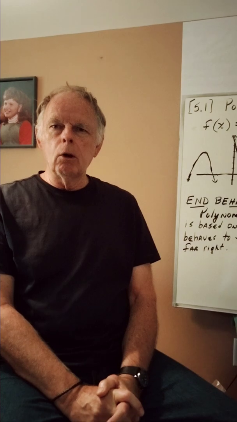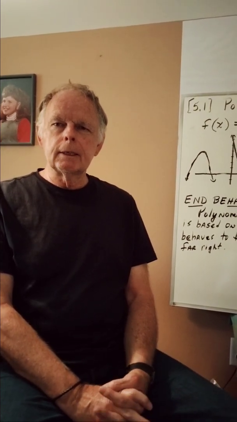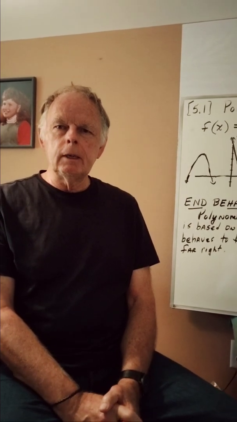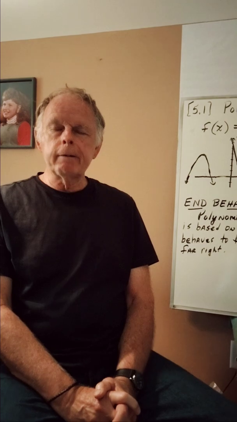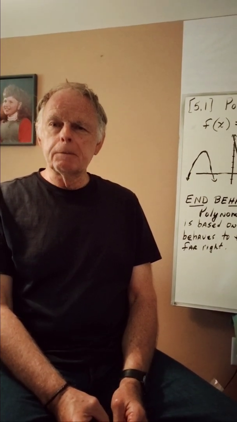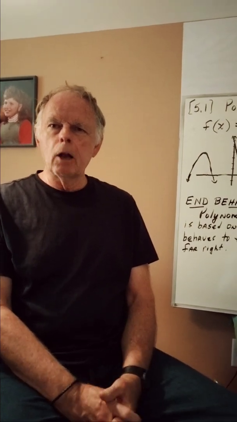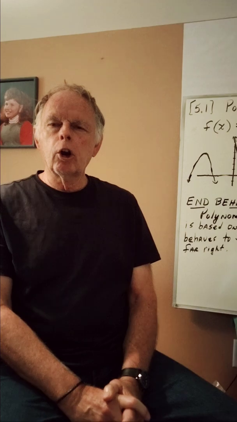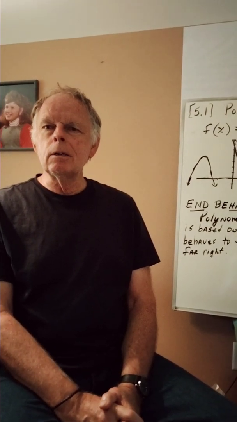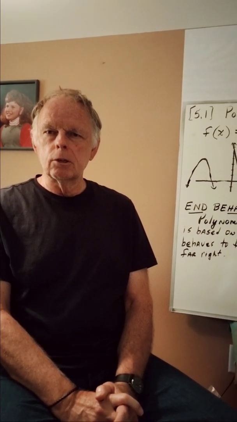In this video, we're going to be looking at a specific content area that is involving polynomial functions and their graphs, and specifically pertaining to the graphs of polynomial functions, we're going to be looking at the concept of the end behavior of polynomial functions.